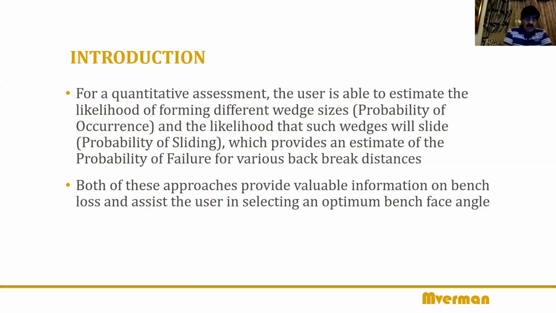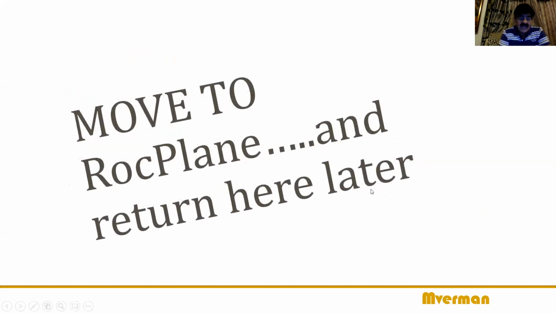Both these approaches, the managed approach and the quantitative assessment approach, provide valuable information about how much bench loss will happen, and they help you, the designer, in selecting an optimum bench face angle. We'll see how to do that. Now we'll keep moving between this presentation and the software. So move to RocPlane, which is the software, and return here later.